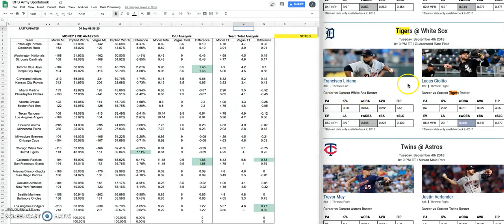For people looking at Giolito right now, the model is confirming that this game is overpriced on the Chicago White Sox. The line should be closer to a pick'em. If you liked Giolito, by looking at this model, you'd maybe want to back up or back off completely.